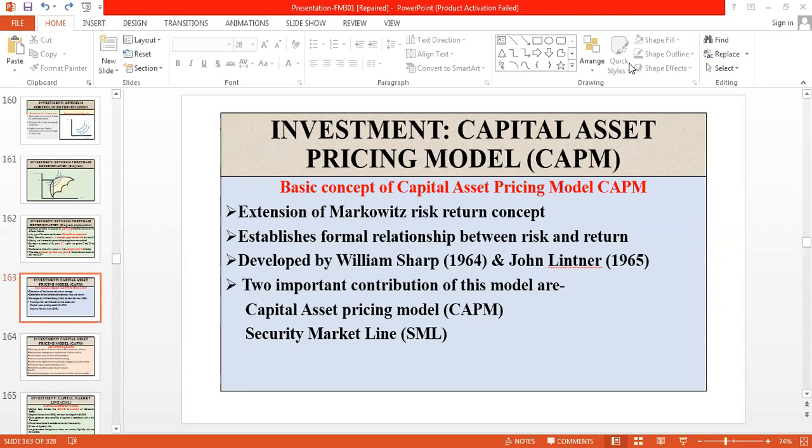In the last two lectures, we have discussed in detail how the optimum portfolio is calculated by using the Markowitz model.